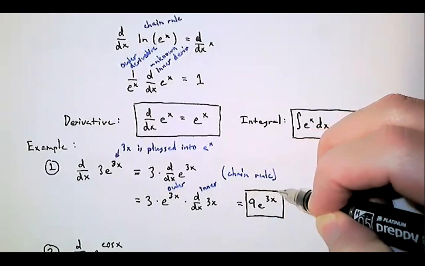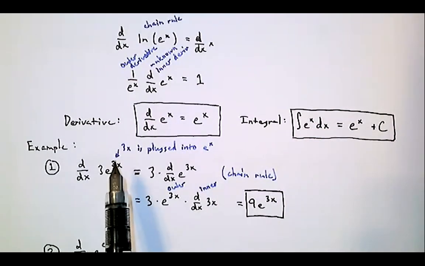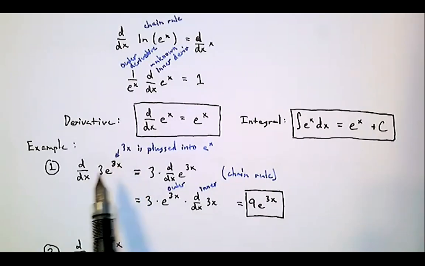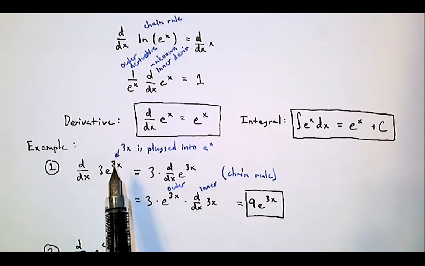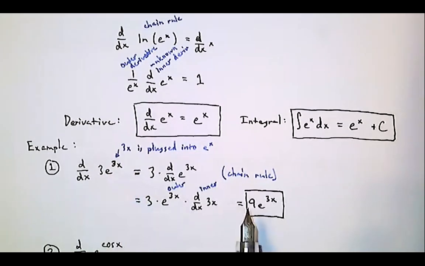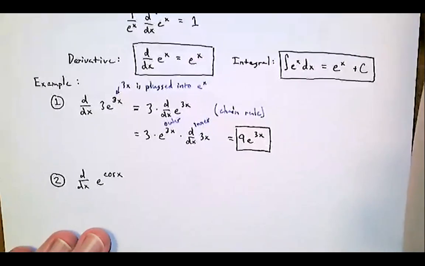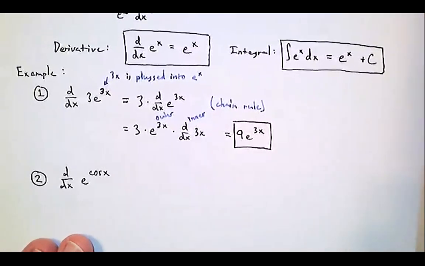So a takeaway from this kind of example, if you have an exponential function where you're just multiplying x times a number, when you take the derivative, all that happens is you multiply by this constant. So if you take the derivative of this guy, you just multiply by 3 to get 9 e to the 3x. Okay, any questions over that first example?